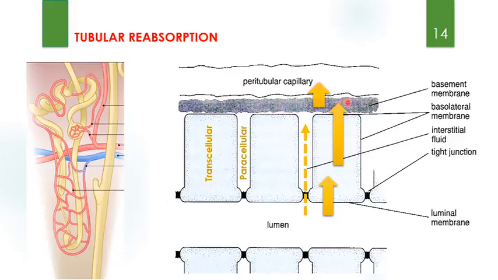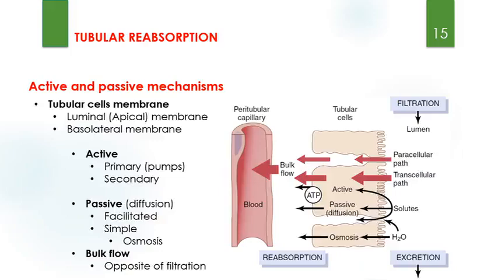There's a basement membrane between the peritubular capillaries and renal tubular cells that facilitates easy reabsorption or even secretion, from the luminal space to the interstitial fluid, and from there to the peritubular capillaries.